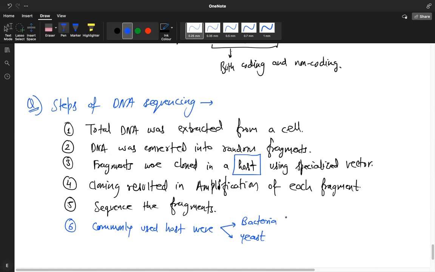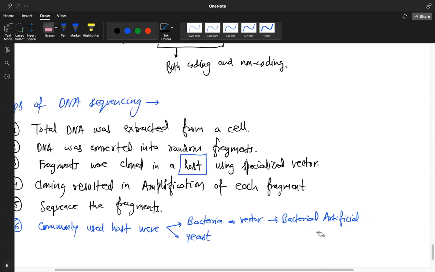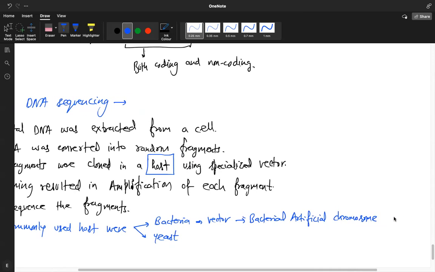So in bacteria, what carries that fragment of DNA? In this case, the vector was bacterial artificial chromosome, also known as BAC.